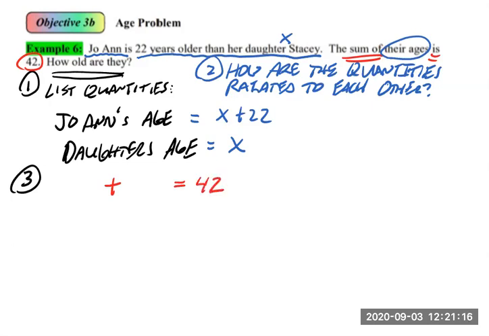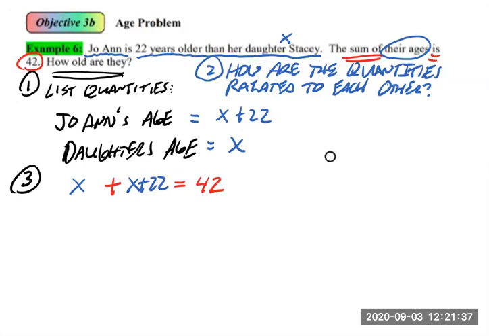So that's the mathematical process. When I put in the expressions that define the quantities, I have the sum of Joanne's age and her daughter's age, x and x plus 22, equals 42. Right, so now I have my equation.